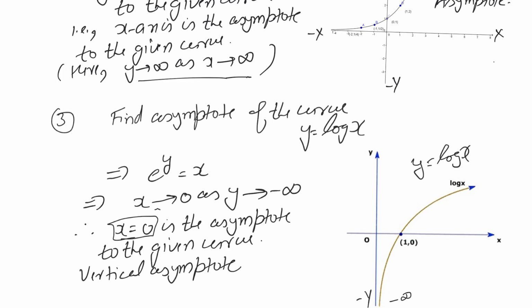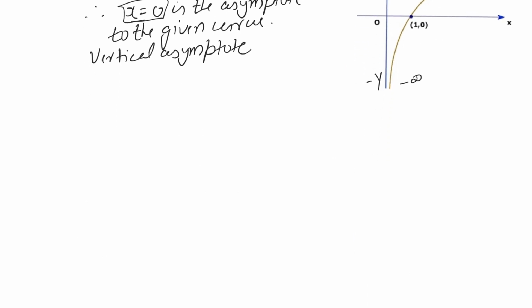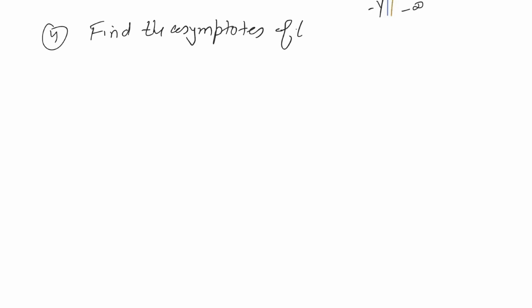Now let us take another question and try to solve it. The another question is, find the asymptotes of the curve y is equal to secant x.